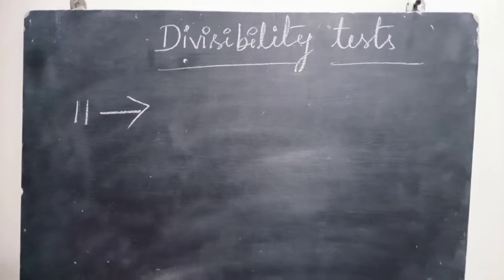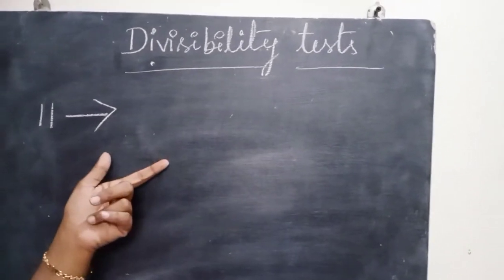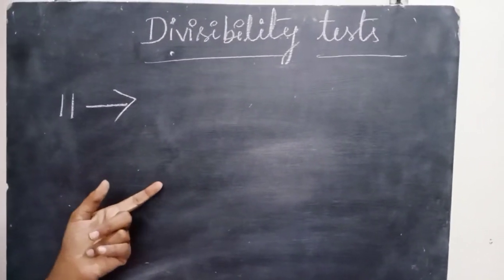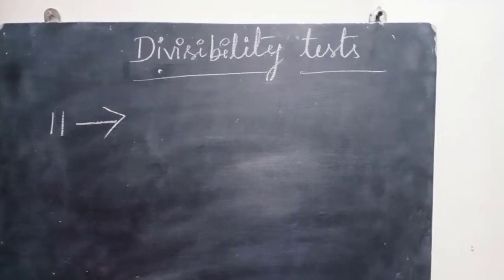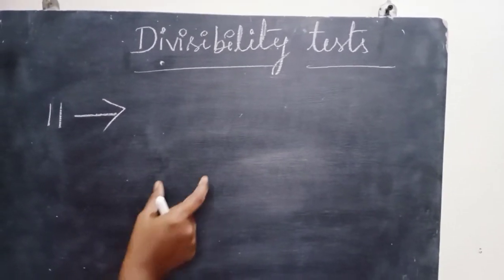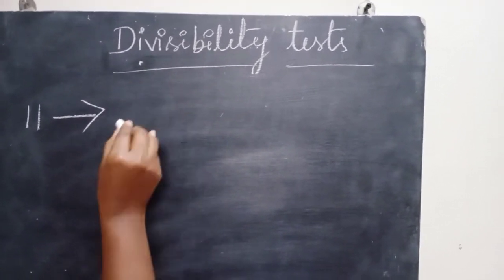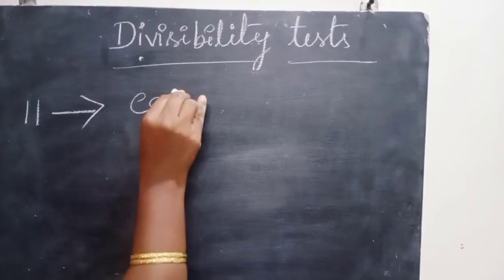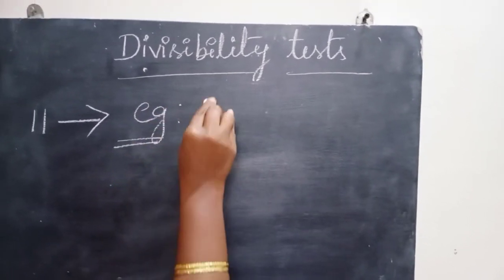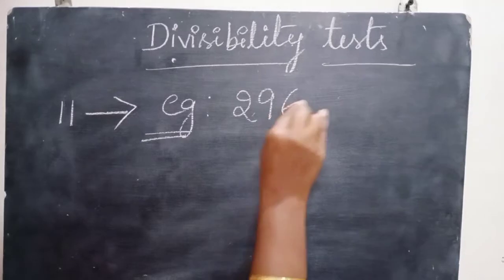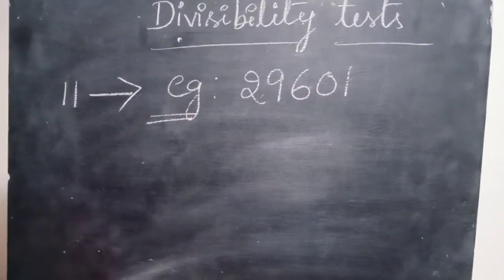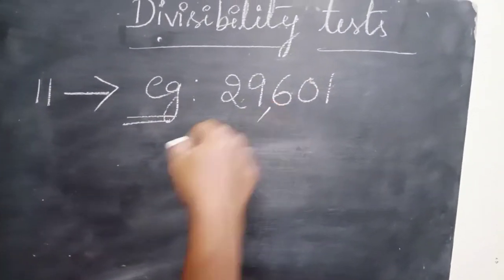For 11, what I said: first you have to find out the odd places and even places. Then you should add those places and subtract them. Now here I will take examples. Two examples I will take. First one, 29,601.